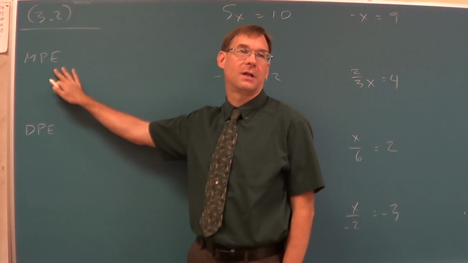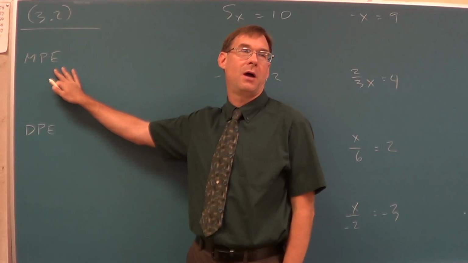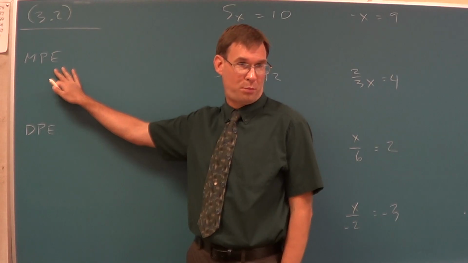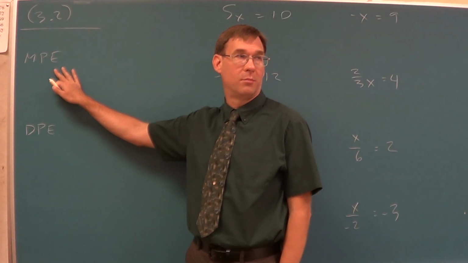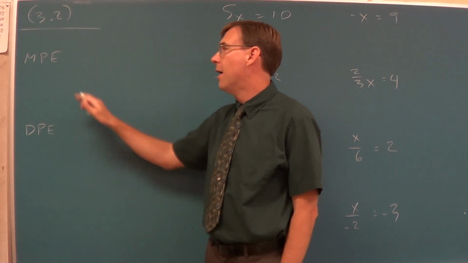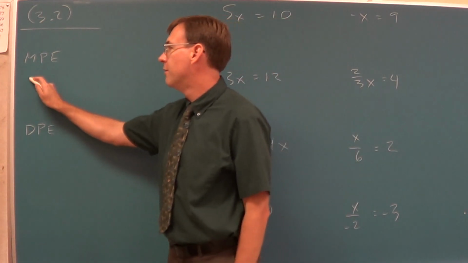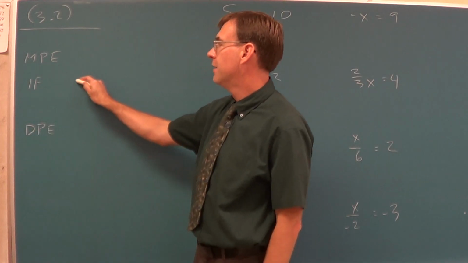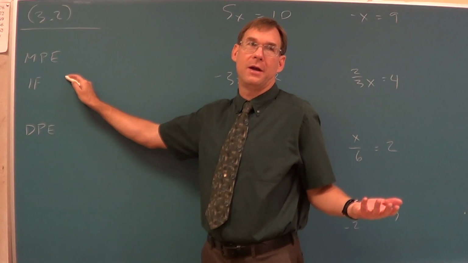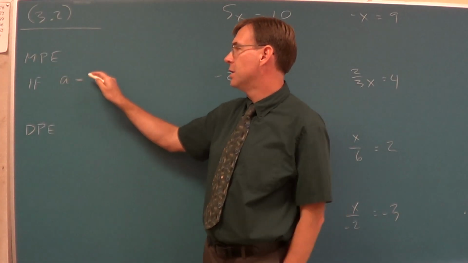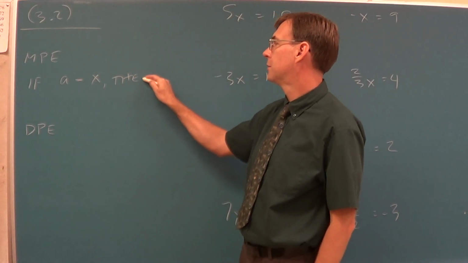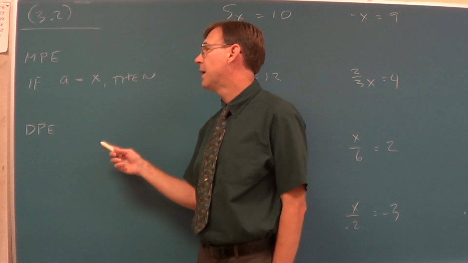Anybody care to hazard a guess what the MPE is about? Multiplication property of equality. There's a thing called the multiplication property of equality that tells you if some stuff is equal, like pick a letter, any letter, A is equal to X, then that would be the symmetric property.